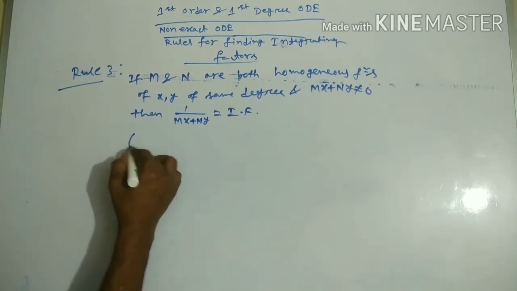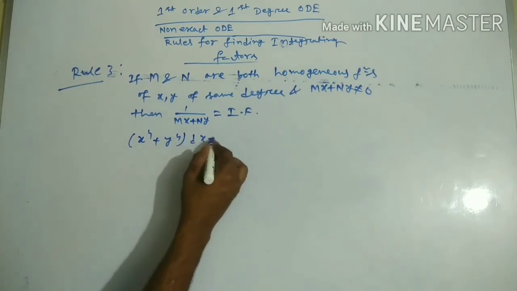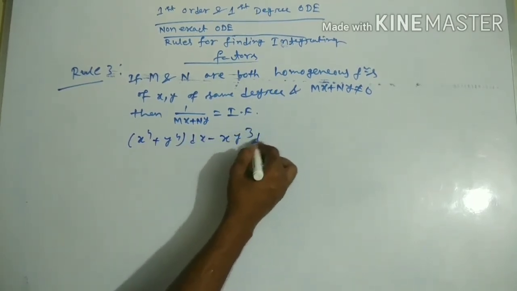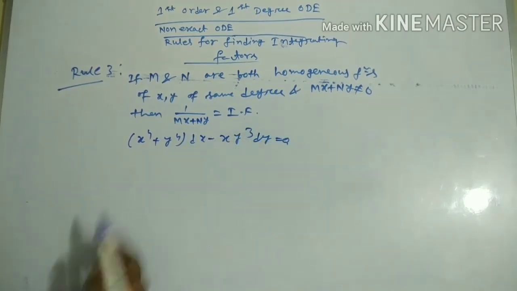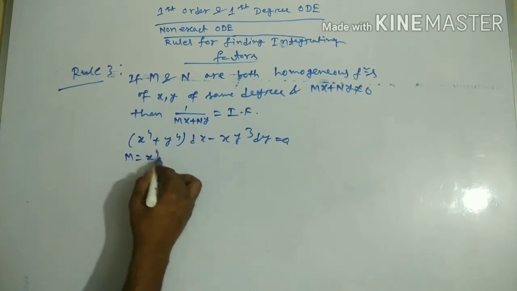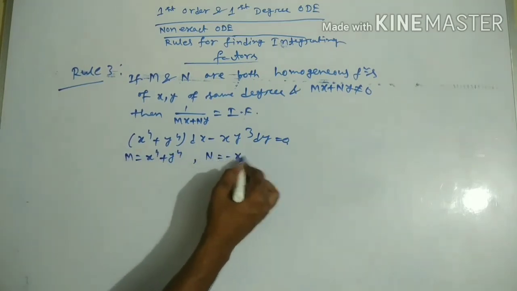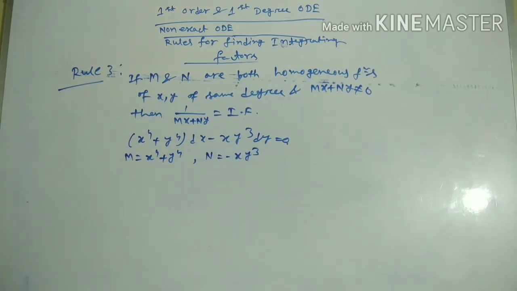Let us take this: (x to the power 4 plus y to the power 4) dx minus x y cube dy equal to 0. First we will have to check whether this equation is exact or non-exact. Here M equal to x to the power 4 plus y to the power 4 and N equal to minus x y cube.